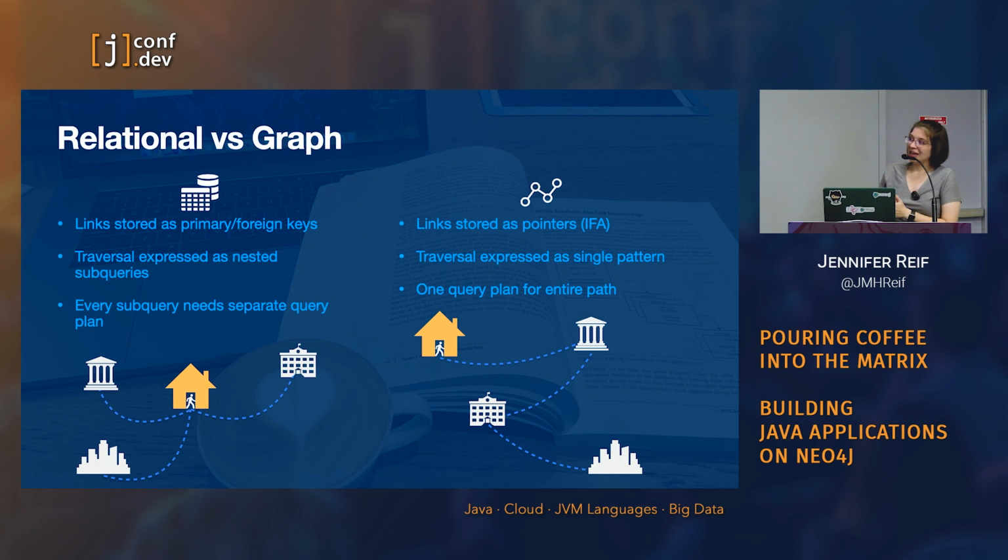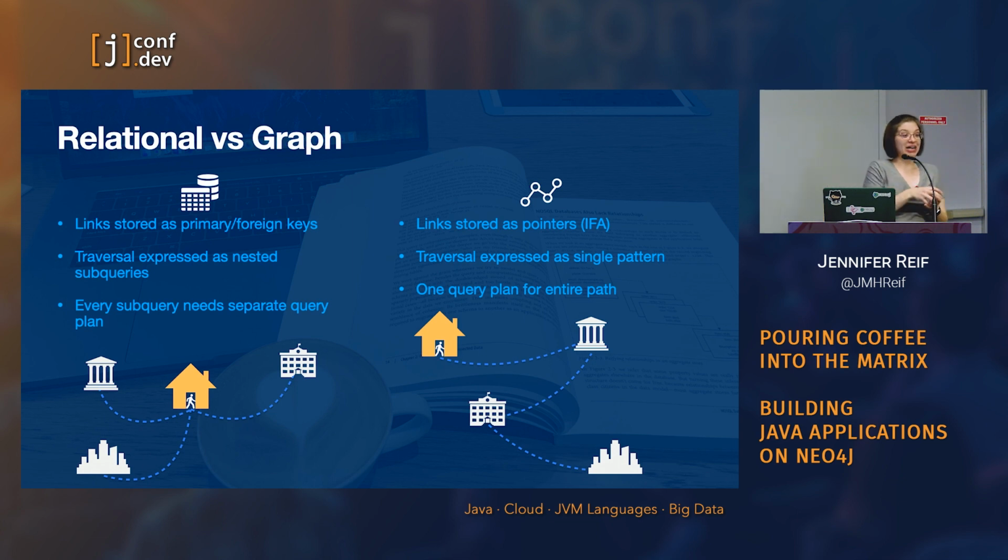I also kind of like the imagery here. On the left-hand side, it's like saying, okay, I need a coat and boots for the next destination, but then I'm headed to the beach, so I'm going to need my swimsuit and sunscreen. And so then you would have to pop back home, basically like a lookup, to get the things that you need for the next hop. So that's the way I like to think of relational databases and structure.